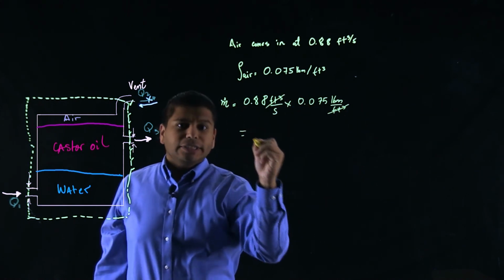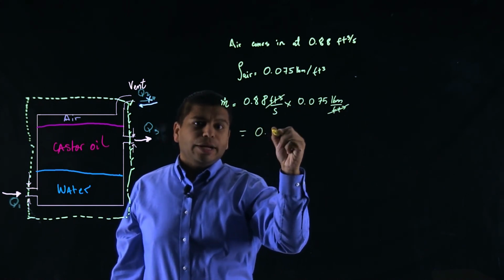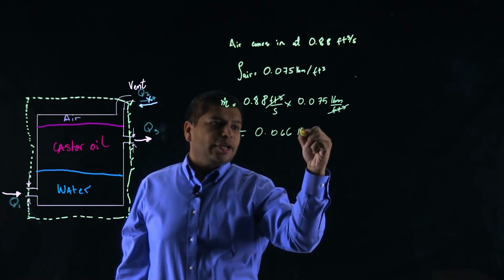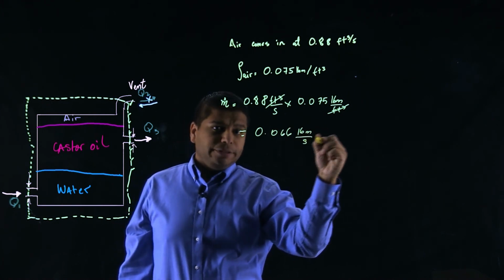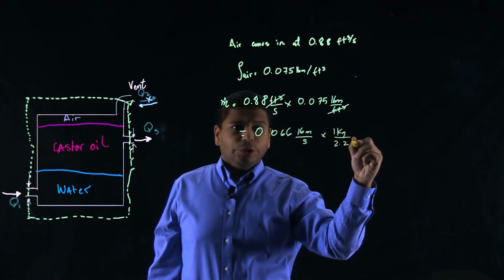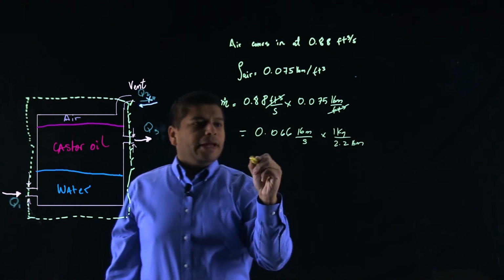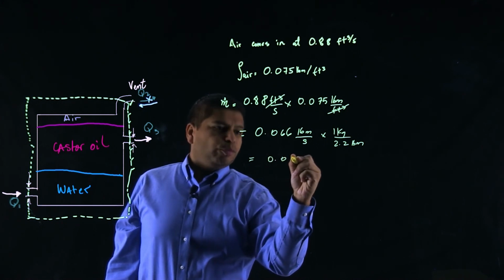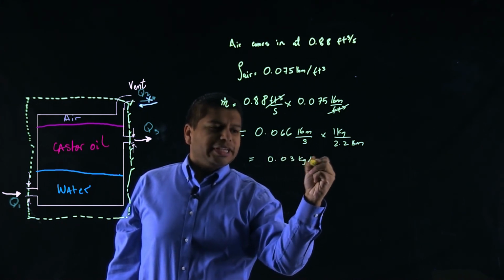We can cancel those terms, and we get 0.066 pound mass per second. And we know that 1 kilogram is 2.2 pound mass, so ultimately we get 0.03 kilograms per second.